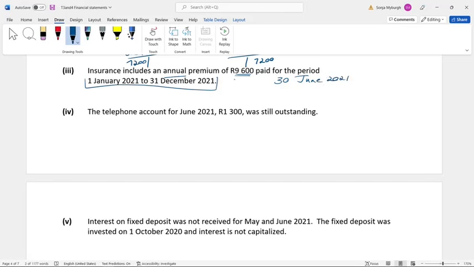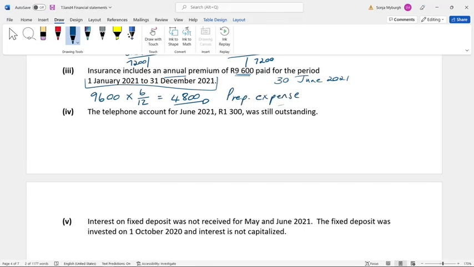So we've paid for a year, January, February, March, April, May, June. 6 months is within my financial year, 6 months paid in advance. So we have paid in advance 4,800. In advance, we subtract from insurance, and this is a prepaid expense on the balance sheet.